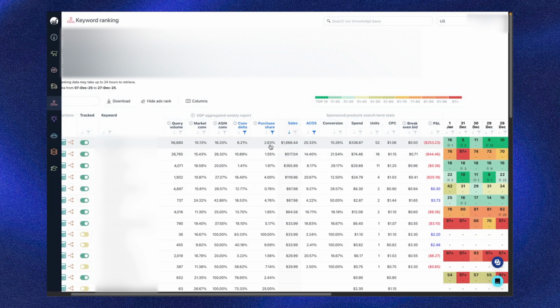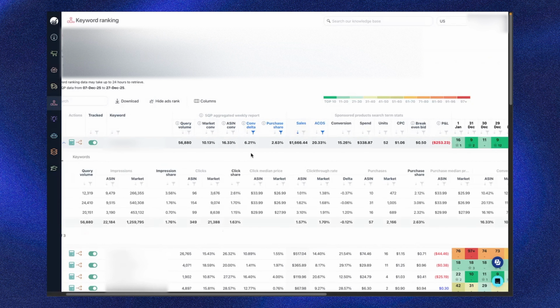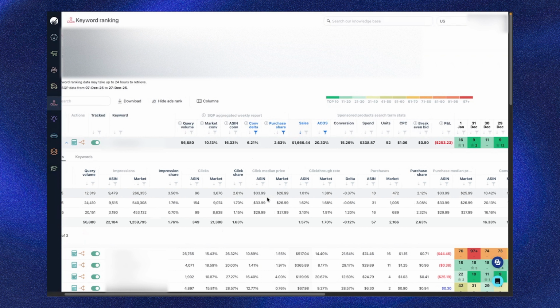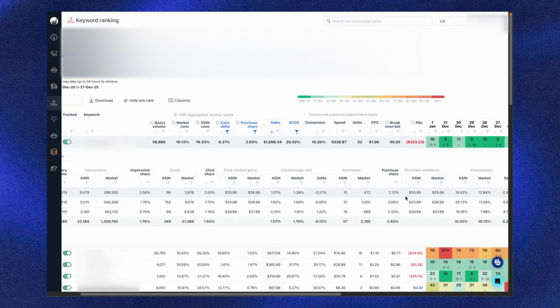Because if going up, great, that means that obviously our tactic worked. But the thing is, you just have to track it. It's action, reaction, inputs, outputs, but you have to track the outputs of the system that we're running, which is this bid optimization system. In general, based on the search volume, if you click on the best performing search term, you can see the total purchases in the market.